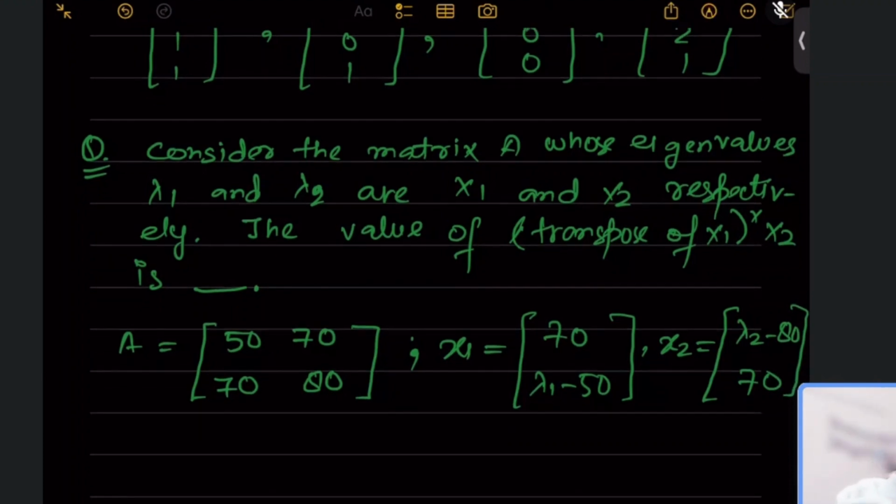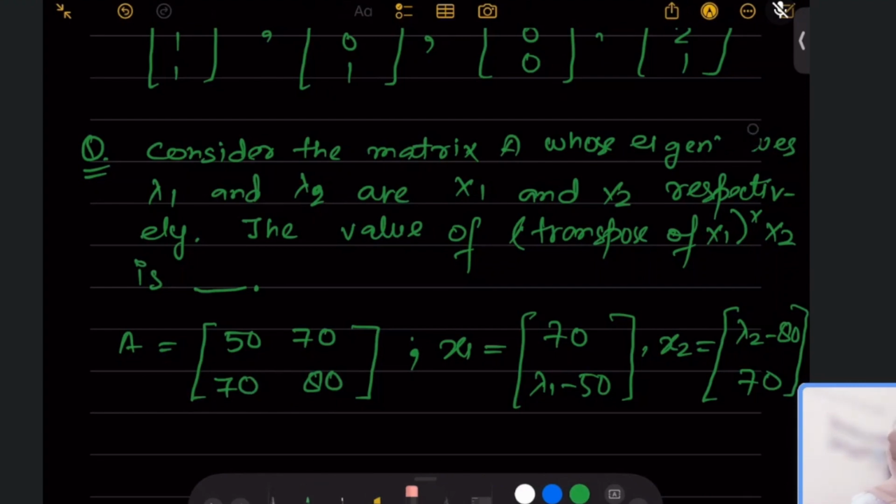So we are given a matrix A and its corresponding eigenvalues. Wait a second, I think there is some misprint in the question. Sorry. Okay, these are not eigenvalues, they should be eigenvectors.